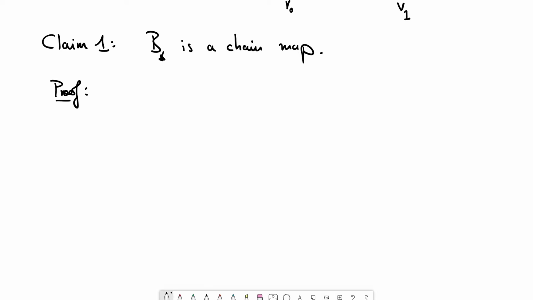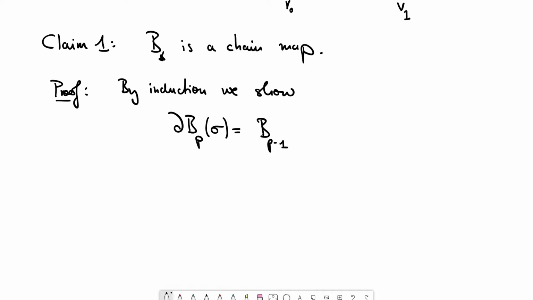The proof goes, no surprise, also by induction. So by induction, we show the relation that the boundary of B_p sigma is B_{p-1} of the boundary of sigma. So for p equals 1, there is nothing to prove because the right-hand side is 0.